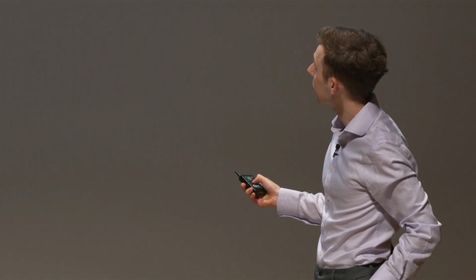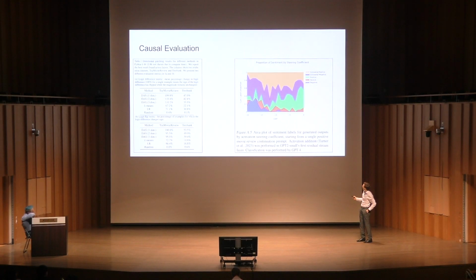We then generated a bunch of completions and again fed them to GPT-4 to tell us were those completions positive or negative. And what we found was that when we added a very negative number to the sentiment activation on the left-hand side of the x-axis here, GPT-4 generally labeled those as somewhat negative or negative, and similarly on the positive side of the axis.